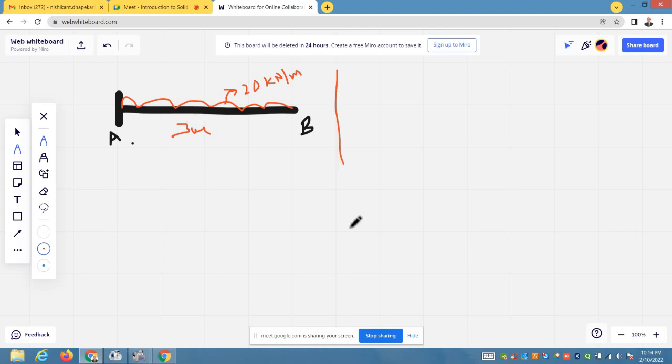Our sign conventions to plot the shear force diagram: suppose this is your section, and this is section left, this is section right.